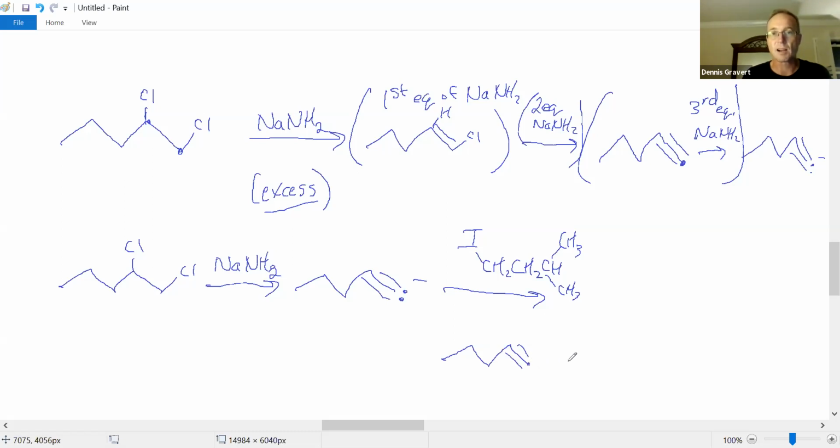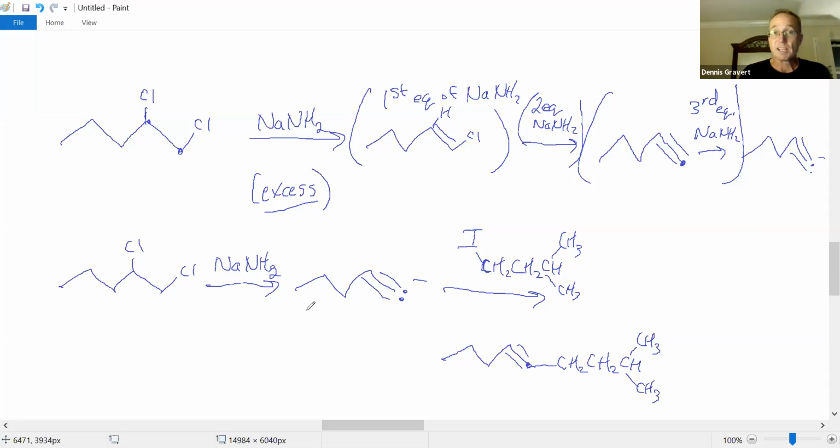And then this carbon is going to connect to these carbons. Did I lose any carbons? Start with 5 here, 5 there. I got 5 here also. And then this carbon connects to the carbon that used to be attached to the halide. There's your product.